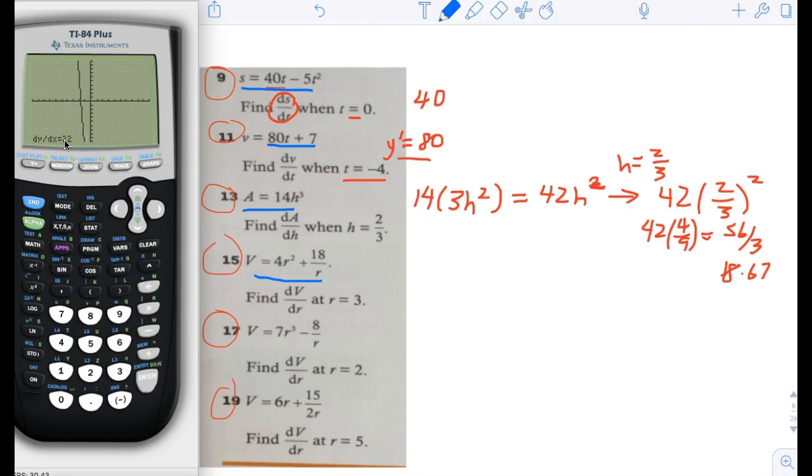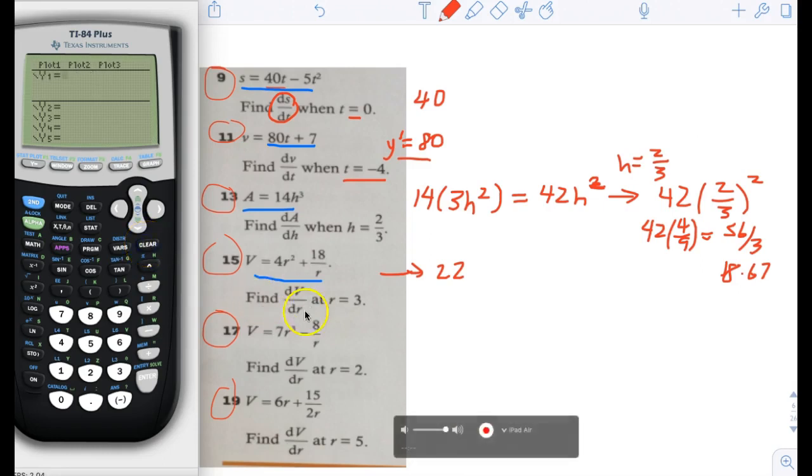Oops. We want to use red because this is a derivative. 22. Okay, next one. Only 2 more to go. We're going to put in the function, which is 7r cubed minus 8 over r.